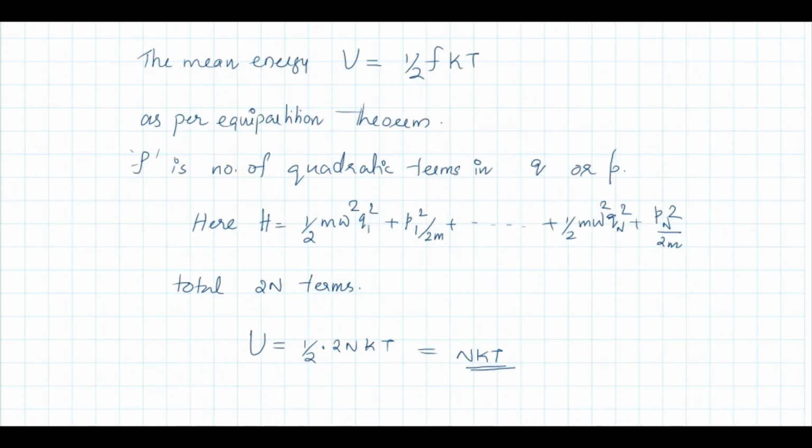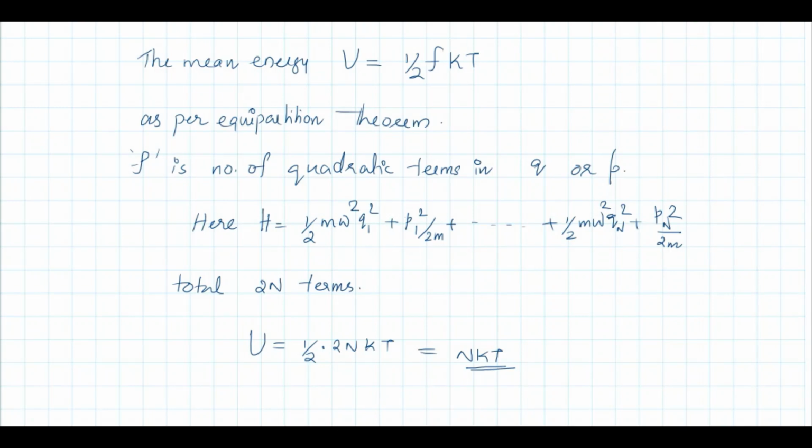Now, we already mentioned the equipartition theorem in the last lecture. The equipartition theorem says that if there are f number of quadratic terms in Q or P, then the mean energy will be half fkT. Or each quadratic term in Q or P will contribute half kT towards internal energy.